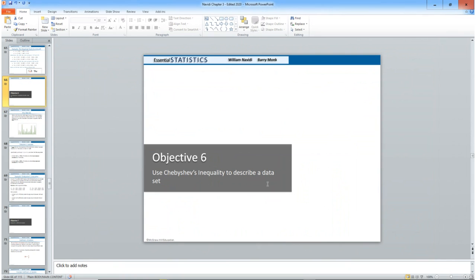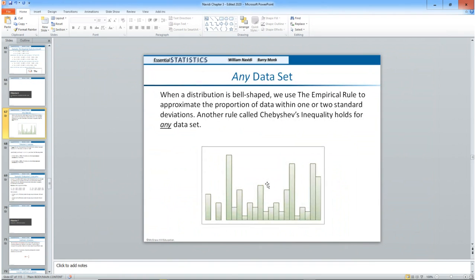And so what they show you here, instead of that nice and neat, approximately symmetric thing, is just any old data set. They have to make one up because this could apply in 2 cases. If you don't know if the data is normally distributed, so there's no mention of it, or if it's not, then you're forced to use Chebyshev.